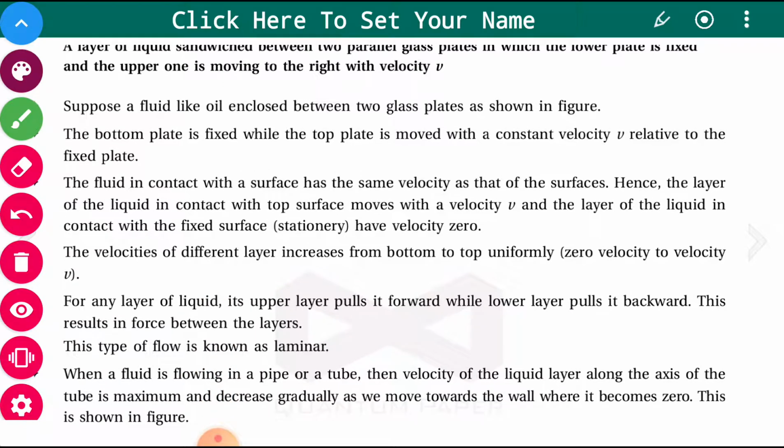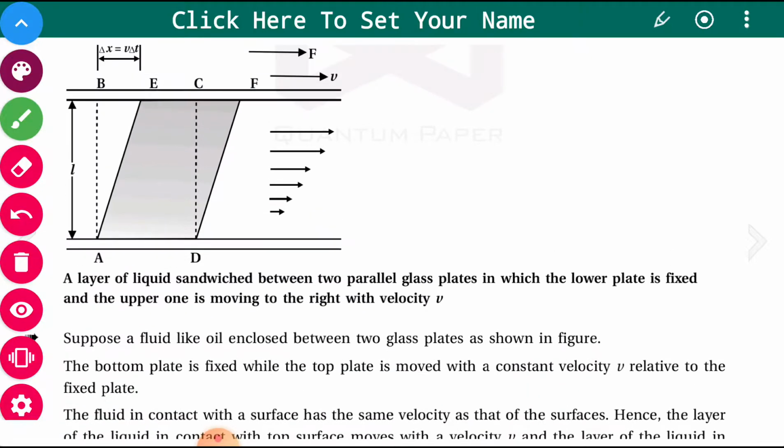The fluid in contact with the surface has the same velocity as that of the surface. So whichever fluid is in contact with this upper plate will have the same velocity as that of the plate.